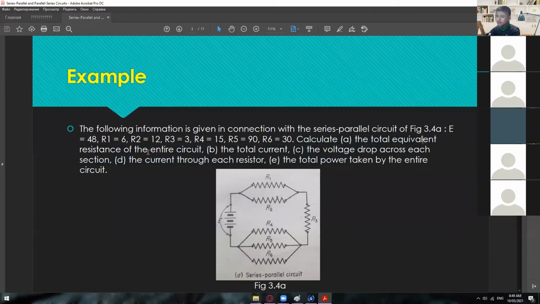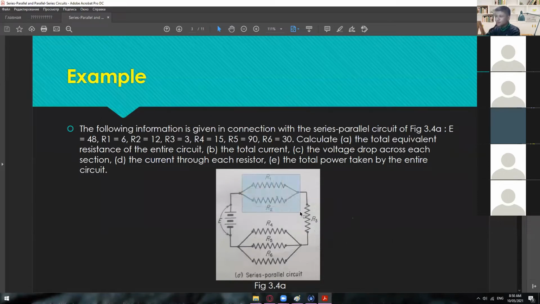Calculate the total equivalent resistance of the entire circuit. So all we need to do is add those resistances. Pero of course, since meron tayong parallel, hindi mo siya pwedeng i-add lang kaagad-agad. So we have to apply a specific formula for this one, and for this one. So for R3, walang problema. You can add it as it is.